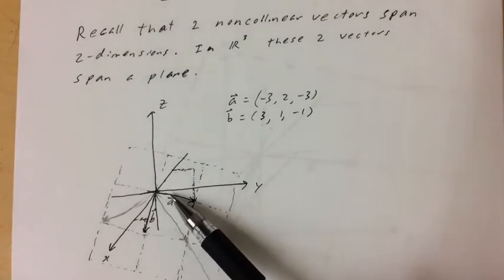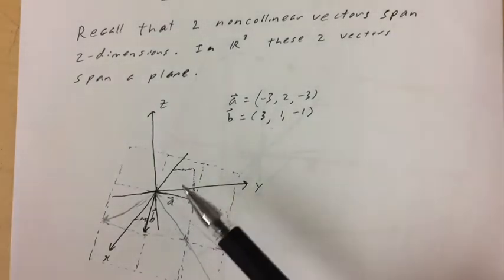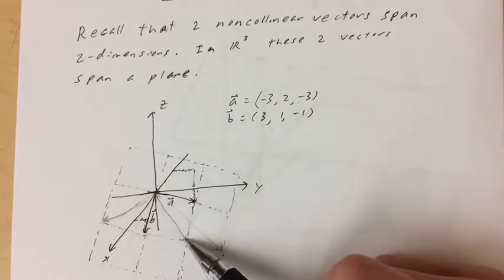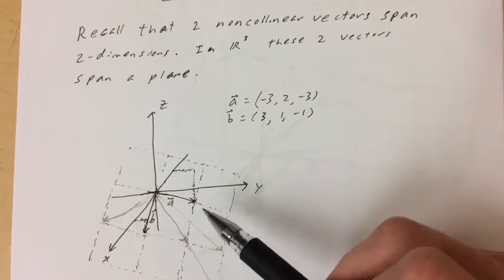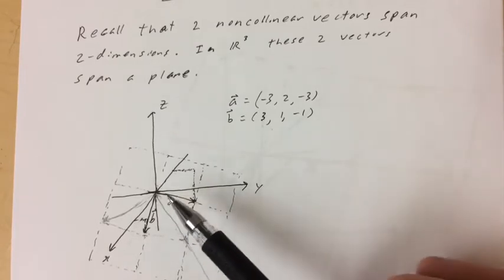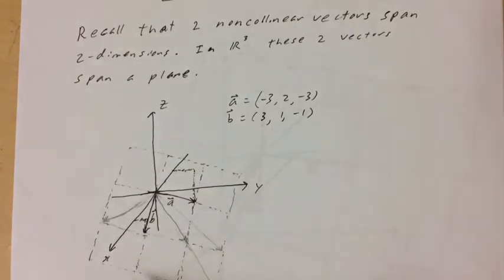Taking scalar multiples and adding them will get us vectors that go from the origin to a point on the plane. Actually, vectors that are on the plane, because these vectors start at the origin. It's like a wire diagram of what the plane would look like in 3 dimensions.